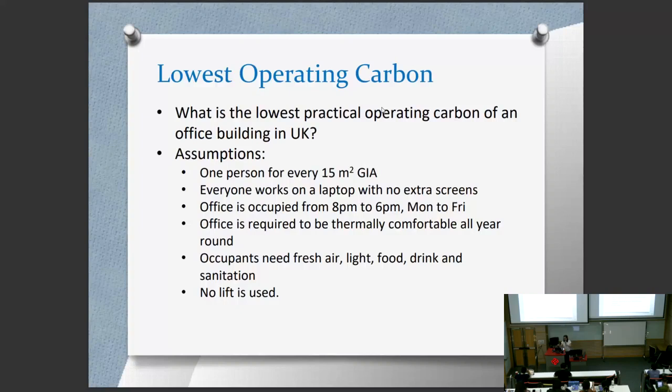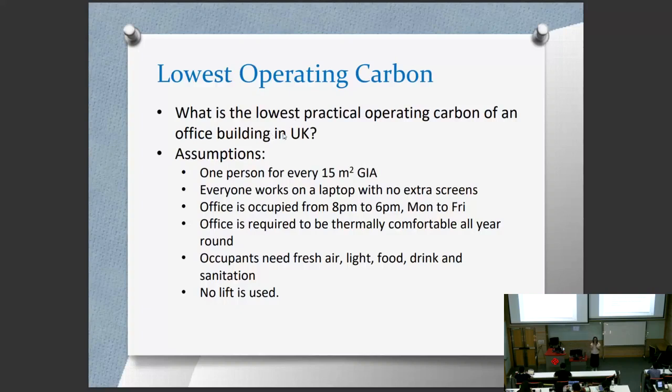So in the coming slides, once again, it is referring to that book published in the UK, and it tries to evaluate the lowest operating carbon of a building in the UK. So what is the lowest practical operating carbon of an office building in UK?